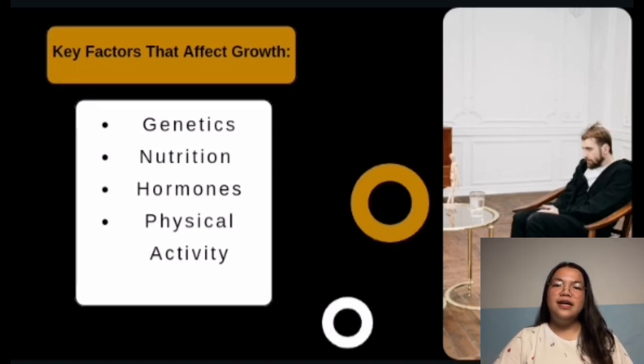Having a balanced diet supplemented with adequate vitamins, minerals, and proteins facilitates proper growth of the body. Next is hormones. Growth hormone, secreted by the pituitary gland, is the primary activator, while thyroid hormones and insulin are other hormones that aid in physical growth.